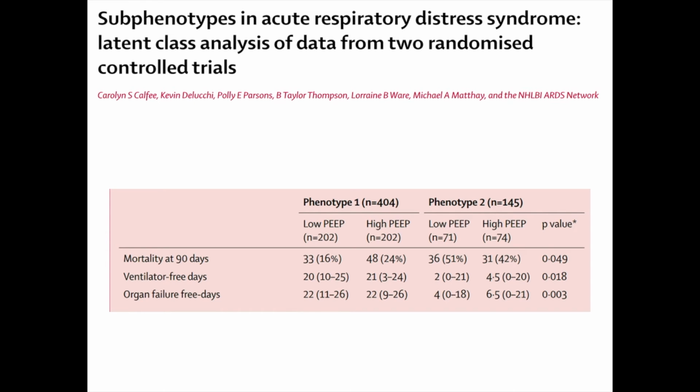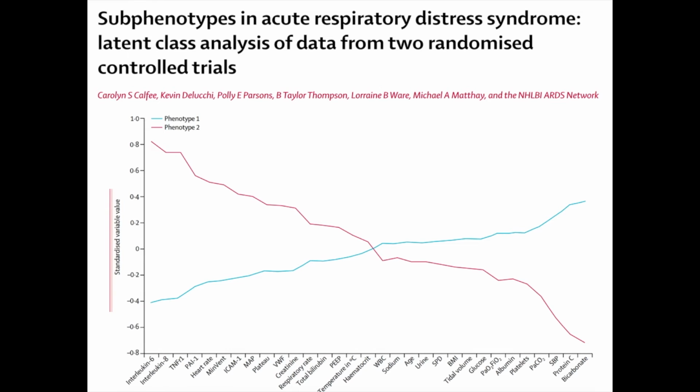And ventilator free days and organ failure free days are also lower in the high PEEP group in phenotype 1, which means that higher PEEP is working well in phenotype 2, while it is not working so much in phenotype 1. So what are these phenotypes? These are the two phenotypes, phenotype 1 and 2.